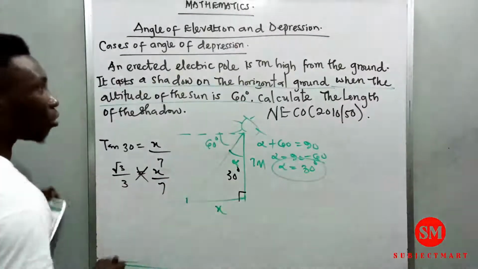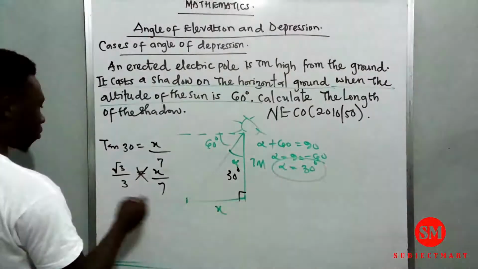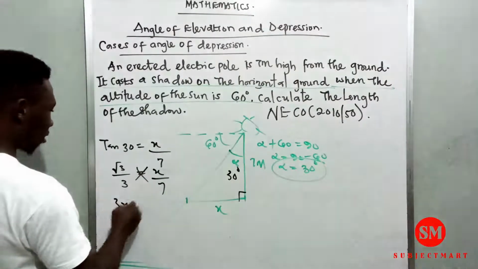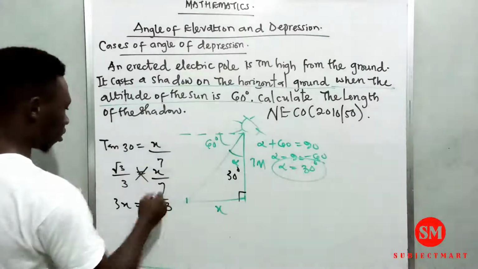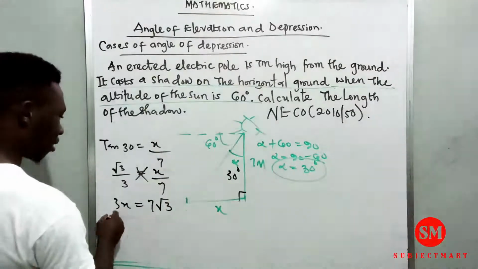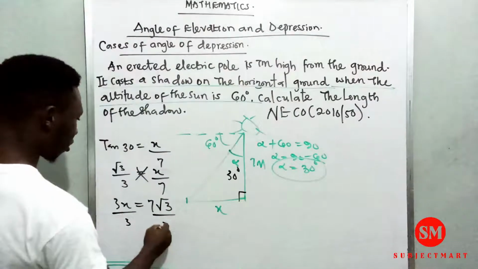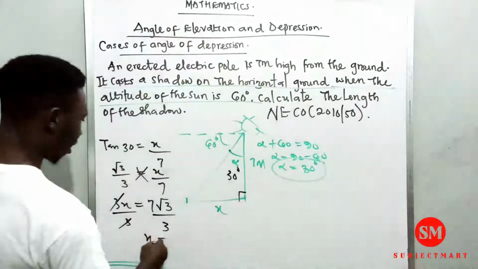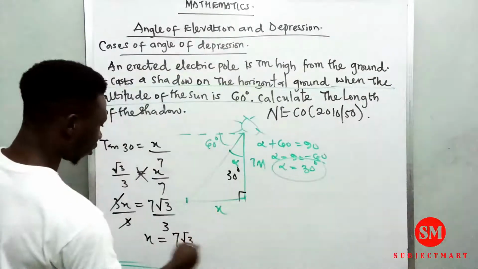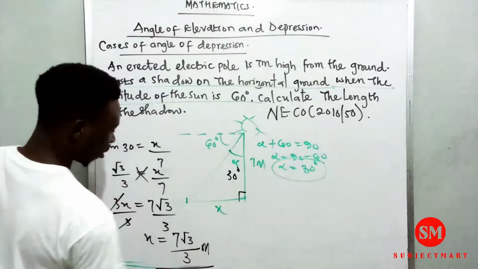We cross multiply, so 3x is equal to 7 root 3. Divide both sides by 3, so 3 cancels 3, and x is equal to 7 root 3 over 3 meters.